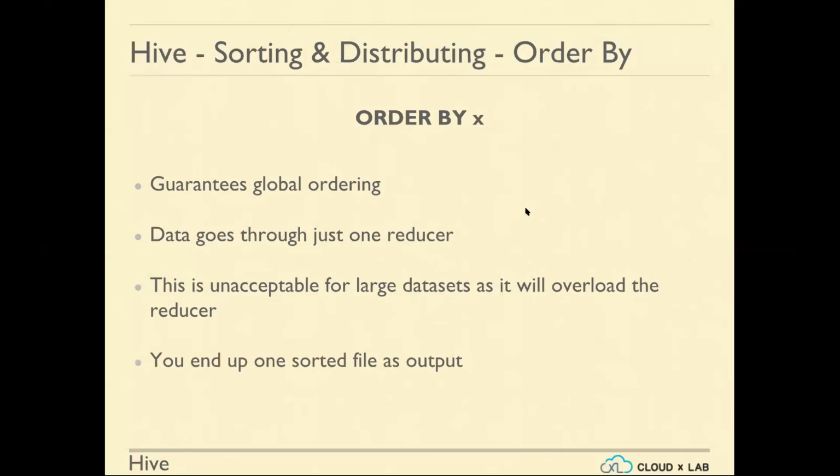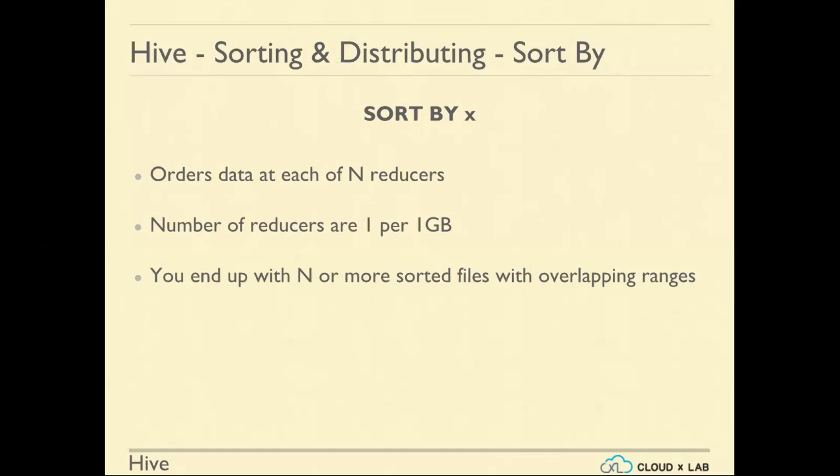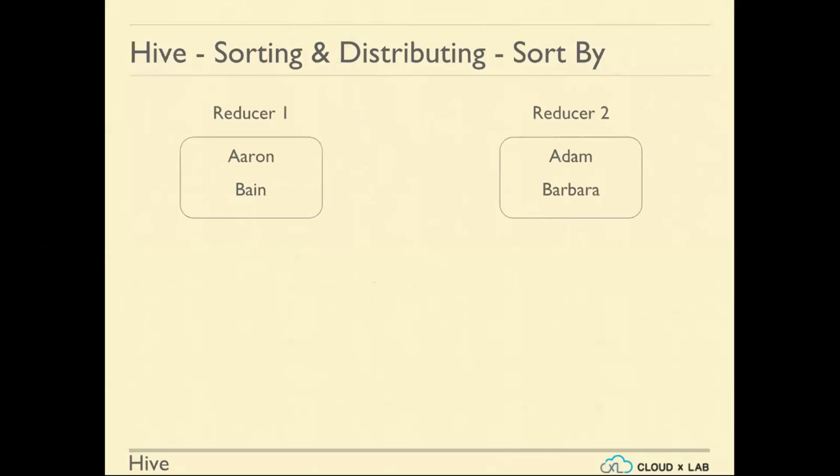Now, order by is not efficient at all, because if your data is big, it is going to go through one reducer. Therefore, they invented sort by X, and that again was basically splitting the data into multiple ones, and it was not giving good results. It's like having multiple reducers and multiple files. If you have two reducers, one gives Aaron and Bain, and the other's output is Adam and Barbara.